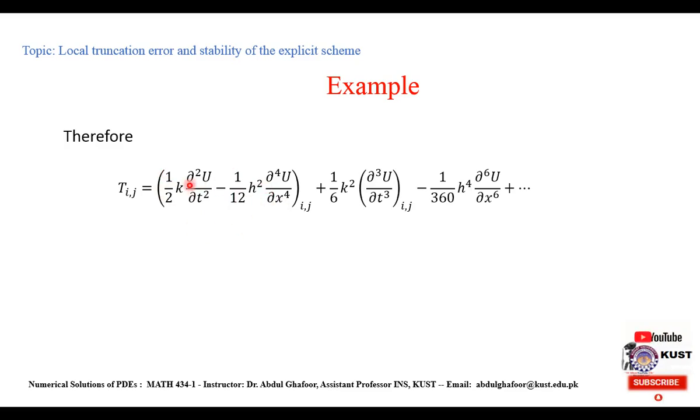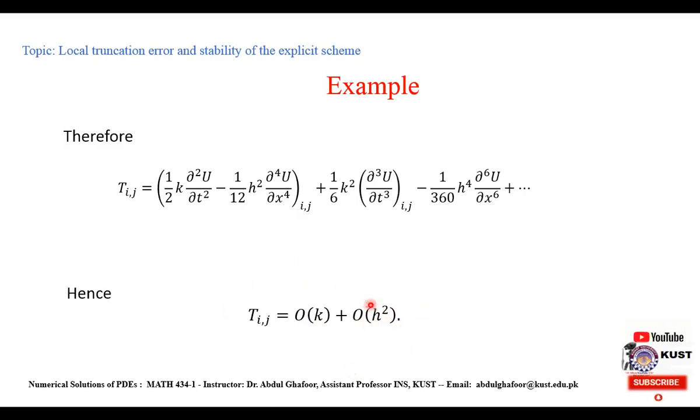So we represent the rest of the expressions, k power 2, k power 3 and so on, just as order of k, and for h power 4 and so on, just as order of h square. Therefore T(i,j) will be equal to order of k plus order of h square, and this expression can also be written as order of k plus h square.